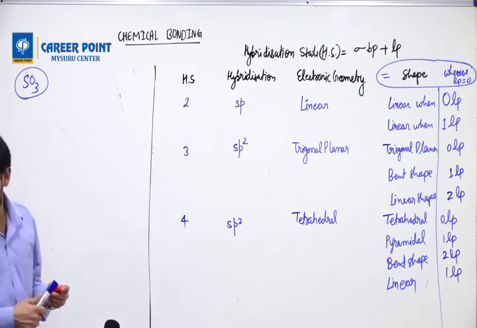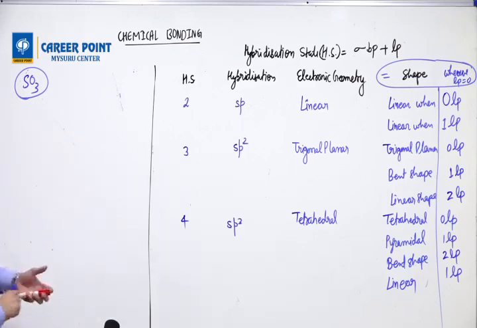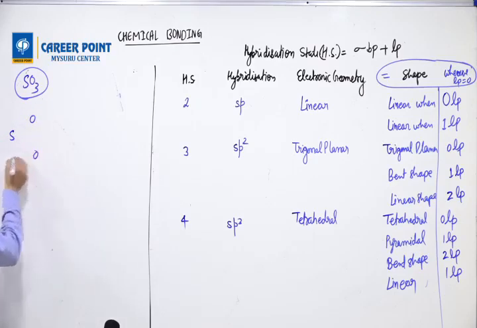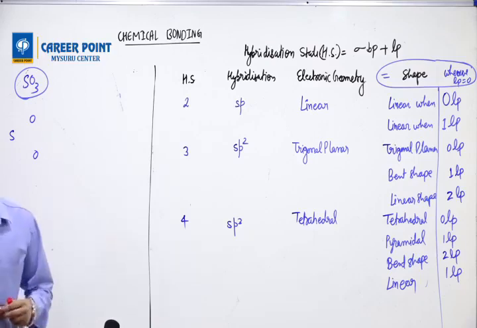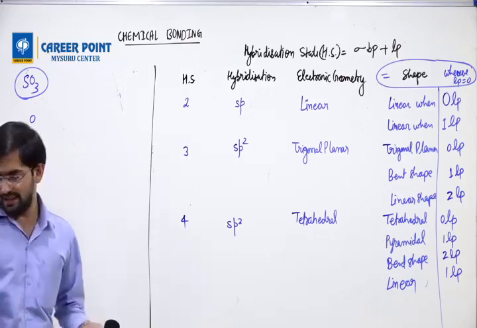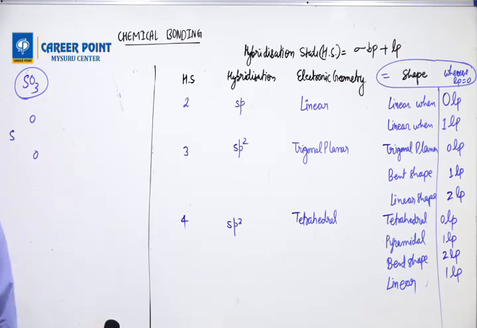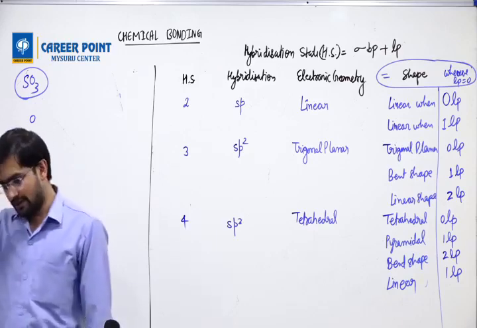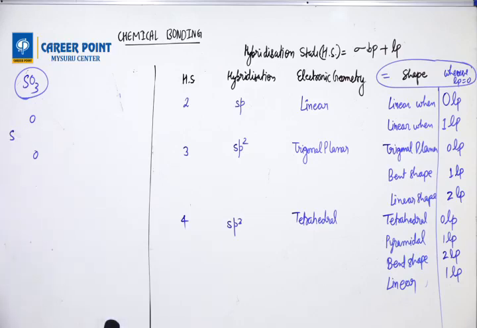Bent shape, sp2. Okay, let us see now. So sulfur, oxygen, oxygen, oxygen. The answer is incorrect. Narayan Krishnan, the answer is incorrect. Satyanarayan Satya, the answer is incorrect. Both the answers are incorrect. Those two people have tried. Remaining 44 people.